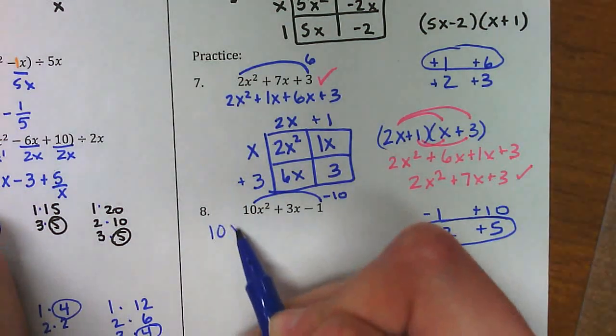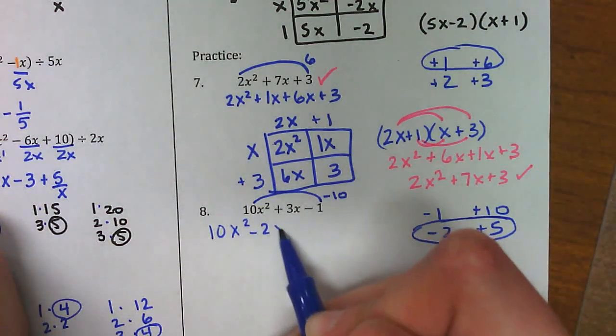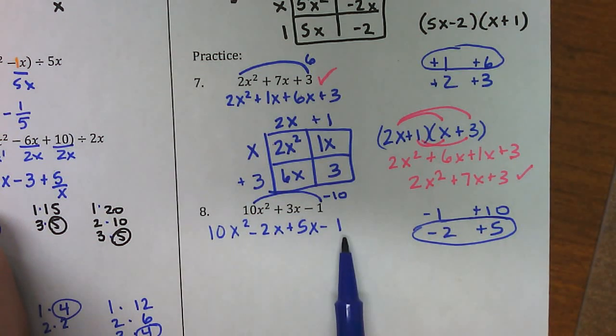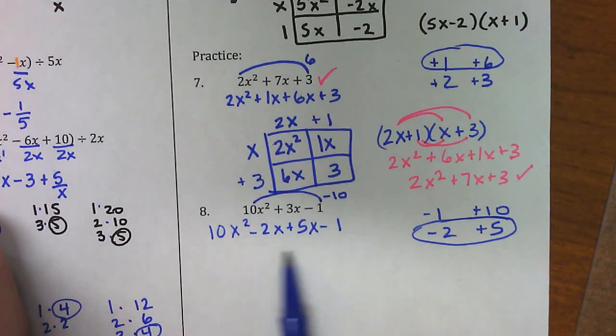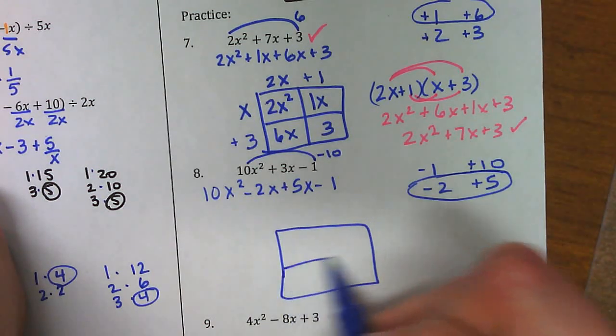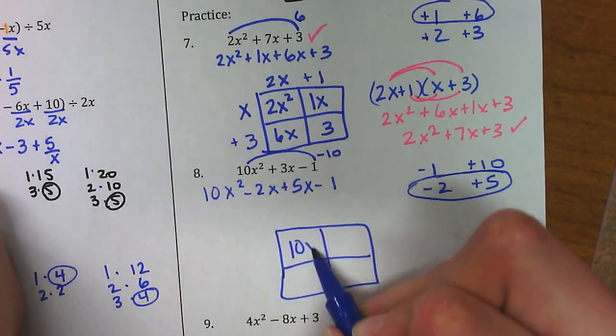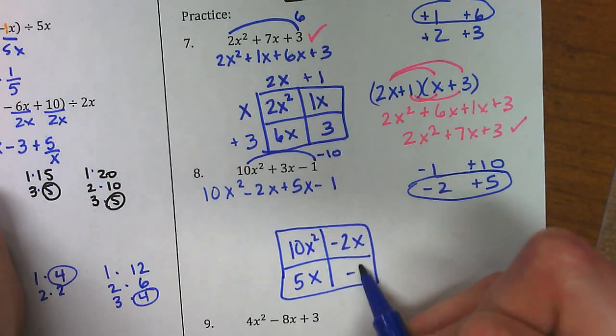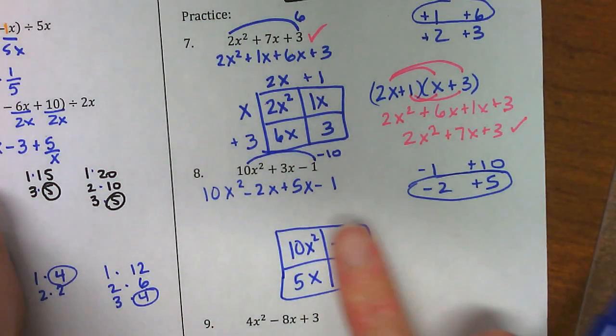This is the same thing as if I write this out with all 4 terms because these together make 3. So I put those terms in my box. First term, second term, third term, last term.